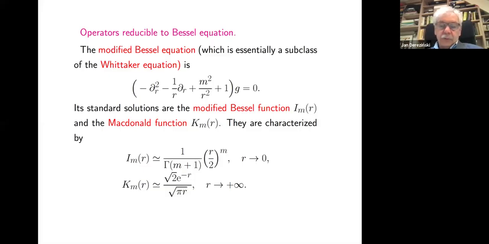There is another standard solution, which has many names, but the name that I will use is the McDonald function, and the symbol is K sub m. The modified Bessel function is characterized by its behavior near zero, where it is roughly a power of r, and the McDonald function has good behavior at infinity: roughly speaking, it decays exponentially.